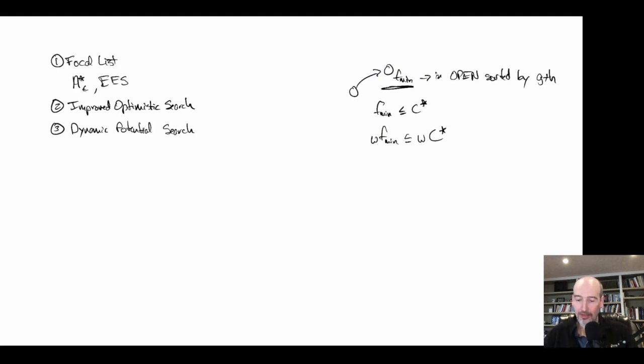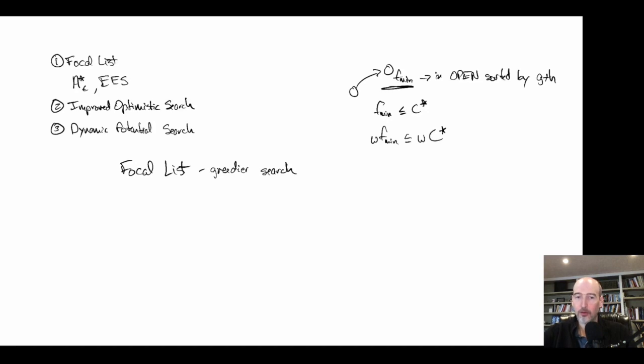So what is a focal list? The idea here is that in these algorithms we assume we have an open list, and what we want to do is have a focal list, which is basically a greedy or greedier search. So we're going to prioritize states in the focal list by something more greedy than the regular open list.